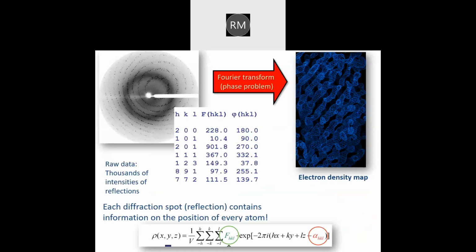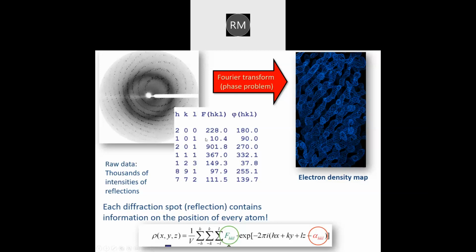So in each diffraction pattern, for each set of planes you have an intensity. This is an imaginary set of planes, 200. This is a reflection from the 200 plane, and you have an intensity of 228 and a phase angle of 180.